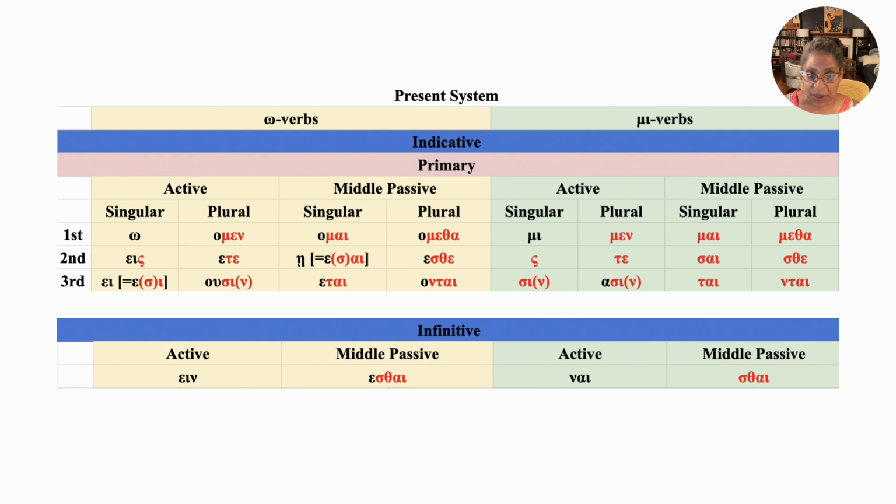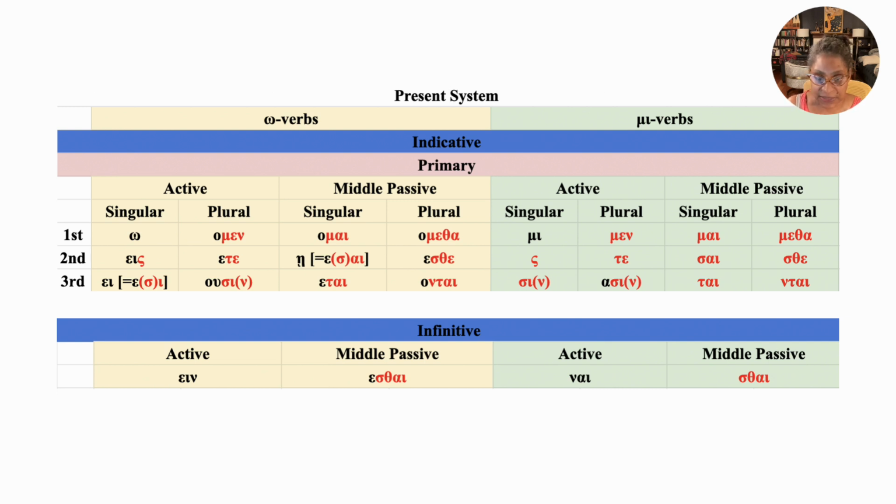All right. Now in the middle passive, or the deponent endings, in the omega verbs, it's -omai, -ei, -etai, -ometha, -esthe, -ontai. But again, the second person is originally -esai, which then, if you look over in the mi verbs, you have -mai, -sai, -tai, -metha, -sthe, -ntai.